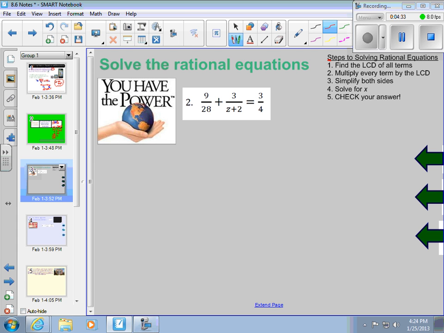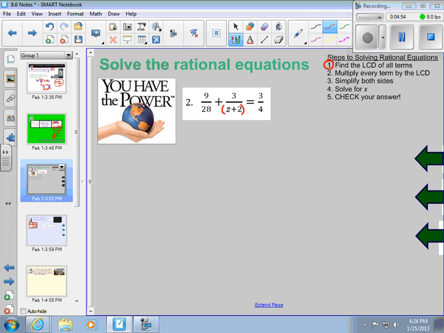Our first step here, we want to find the least common denominator for all 3 of those denominator terms. Least common denominator means we need to have everything. So if we look at this, we're definitely going to need the z plus 2 term in our common denominator.